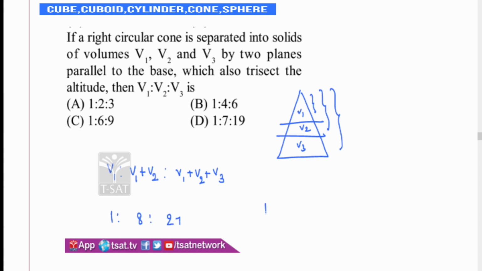Therefore, V1 is 1. Out of V1 plus V2, which is 8, you take out 1, therefore V2 is 7. V1 plus V2 plus V3 is 27, out of this you take out 8, therefore V3 is 19. I told you whether you take V1 or V1 plus V2 or V1 plus V2 plus V3, it should be a cube number. So by looking at the options, you can answer it. Option D.